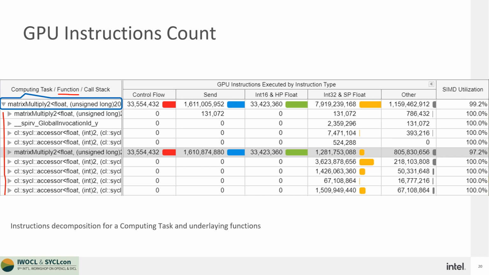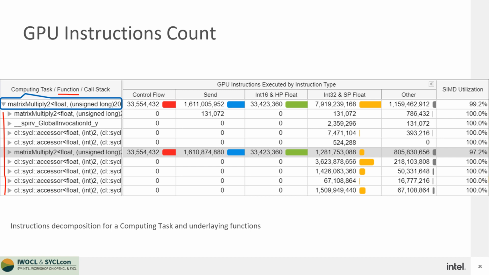analysis is available in VTune for that purpose, where you can have the instruction decomposition against each computing task, and under the computing task, the distribution of the instructions can be seen against each function that is presented inside the computing task.